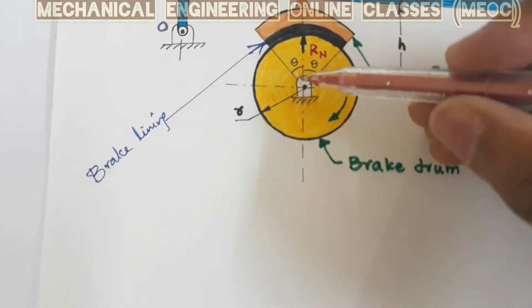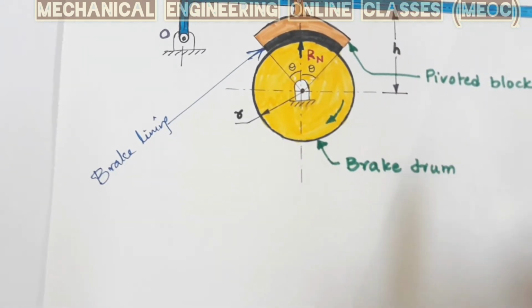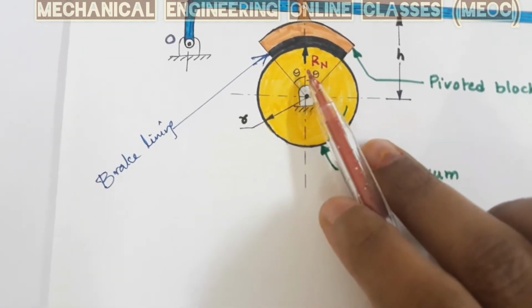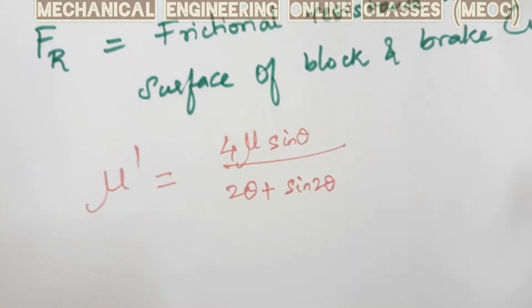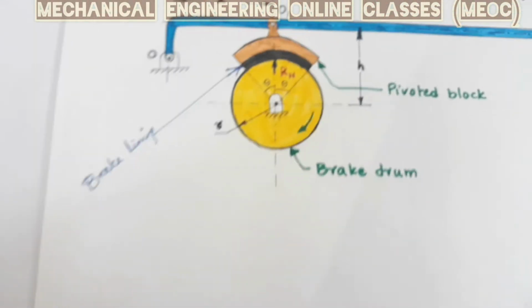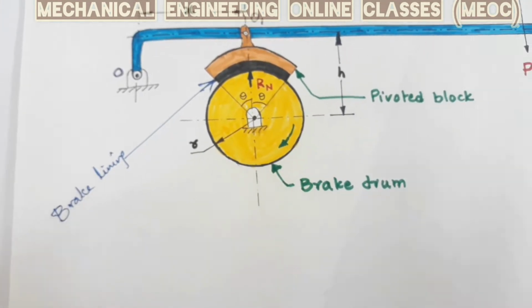Theta is nothing but this angle, half angle of contact. Angle of contact is 2 theta, half of that is theta. So this mu dash will be used to find tangential force here and thereby the braking torque as well.